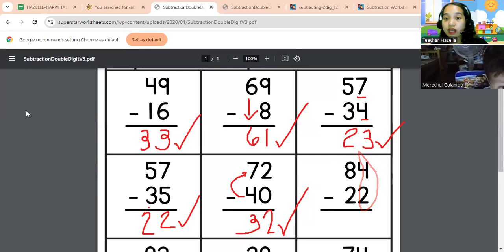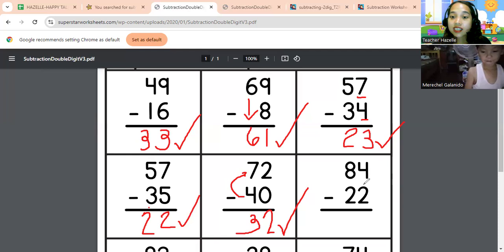4 minus 2 equals how many? When you have 4, you're going to take away 2. What will be the answer? Correct. And then 8 minus 2 equals?